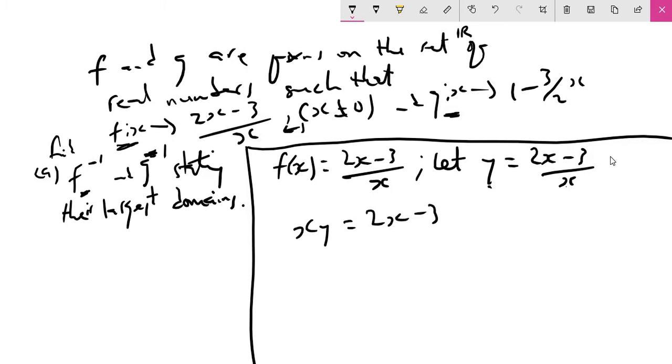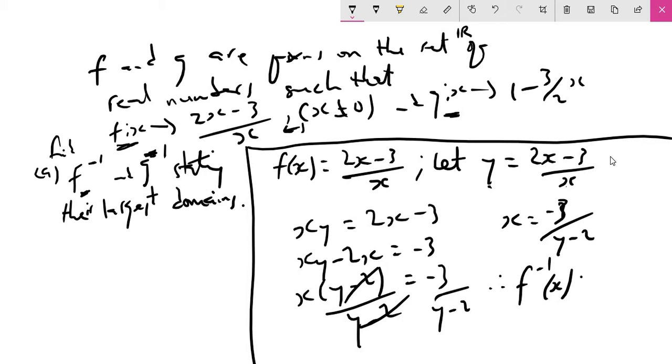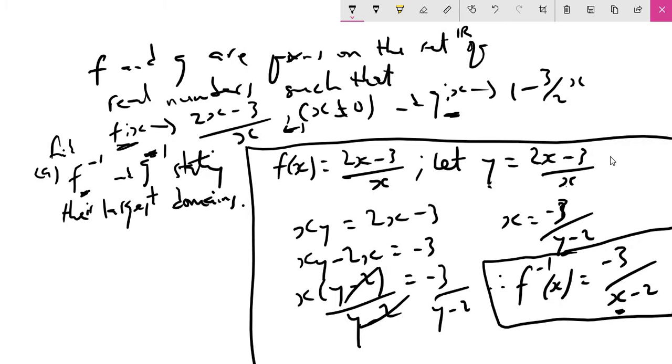Then we gather like terms: xy minus 2x equals minus 3. And we factorize x out, x times (y minus 2) equals minus 3. And then we divide through by this. And so x equals minus 3 divided by y minus 2. So therefore, f inverse of x is equal to minus 3 divided by x minus 2. Remember, we just change this to x. And that's it. So this is f inverse of x.